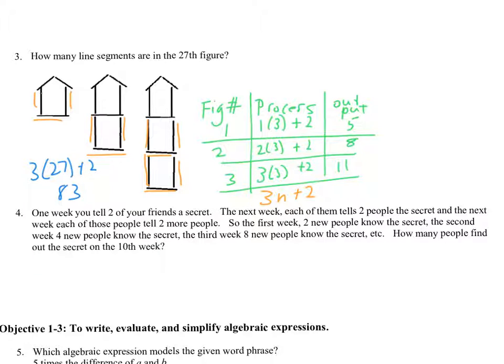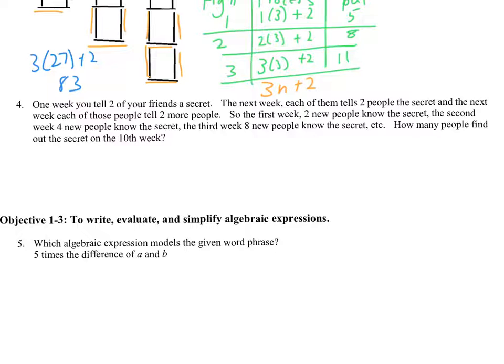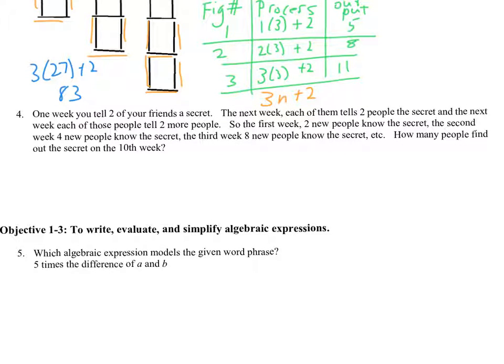Alright, and then looking at number 4, one week you tell 2 of your friends a secret. The next week each of them tells 2 people the secret, and the next week each of those people tell 2 more people. So the way that breaks down is we have in the first week 2 new people know the secret.